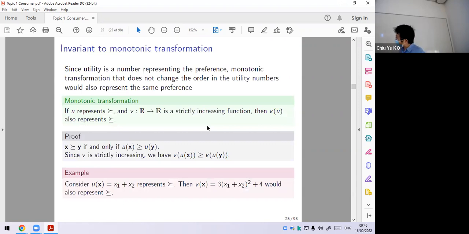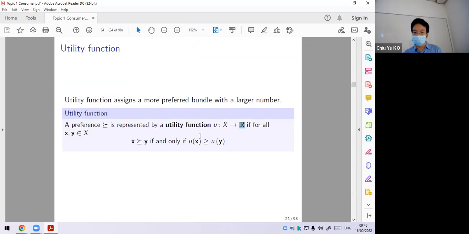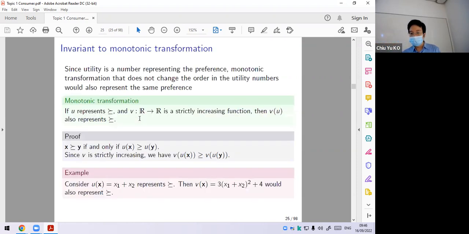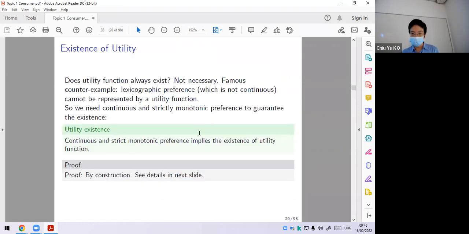And because this mapping is not one-to-one, as long as the ordering holds, this actually means that utility is ordinal. You can make any monotonic transformation, and this utility will still work out nicely.